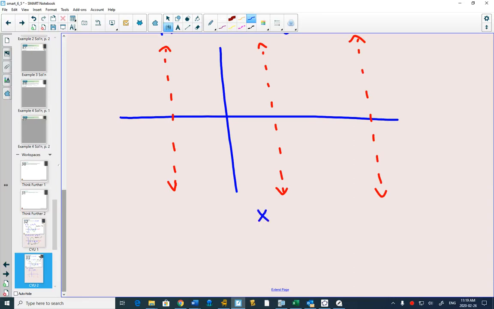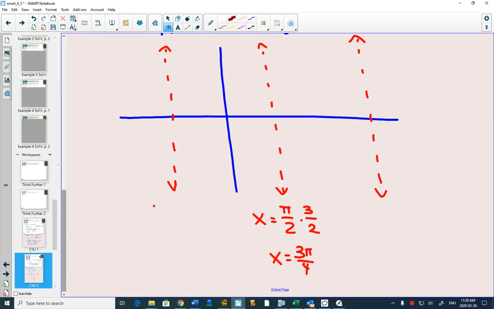This one's equation was at pi over 2, right? But now we're going to multiply all of our x things by 3 over 2. So it gets multiplied by 3 over 2. Can you see that its equation is going to become 3 pi over 4?